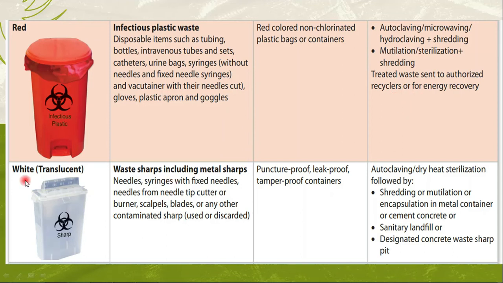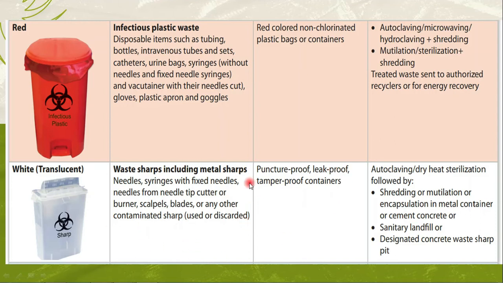Another type of container, which is the white or puncture-proof container, is used to discard sharps like needles, syringes, fixed needles, needles from needle tip cutter or burner, scalpels, blades, or any other contaminated sharps used or discarded.